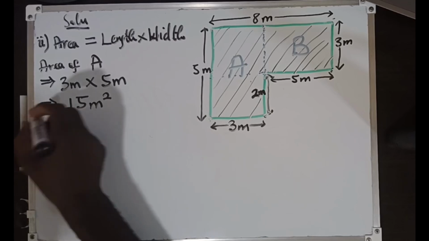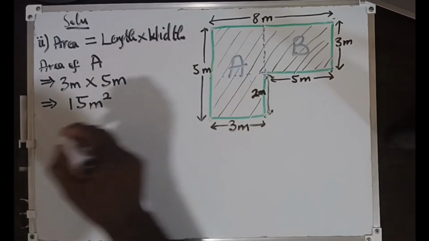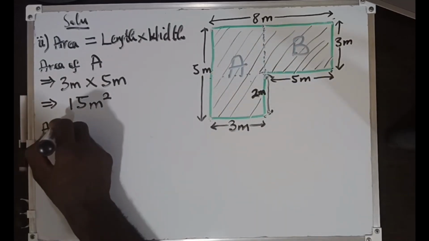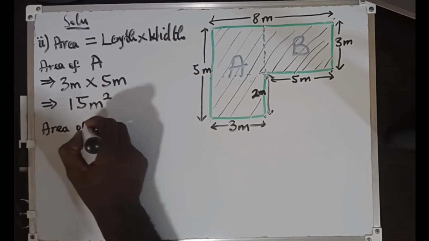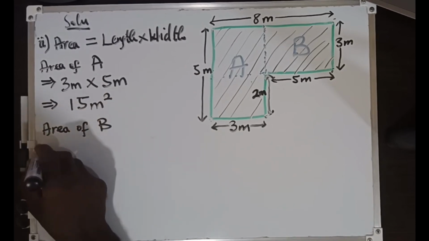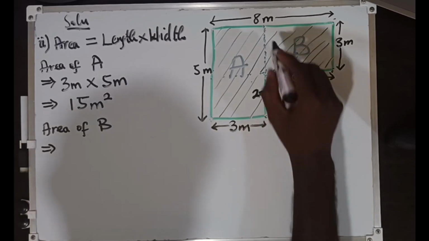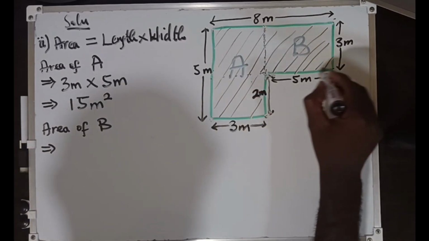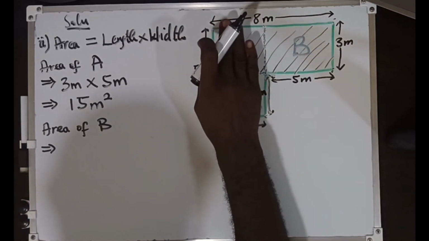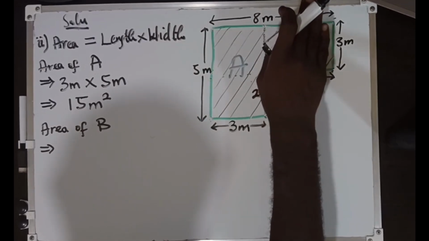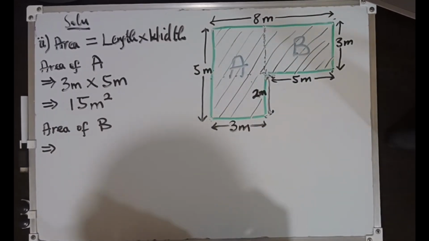Now we have to calculate the area for region B. So area of B. So now we are looking at this portion. So we've calculated the area for region A, then we have to calculate the area for region B. So that is also going to be what?